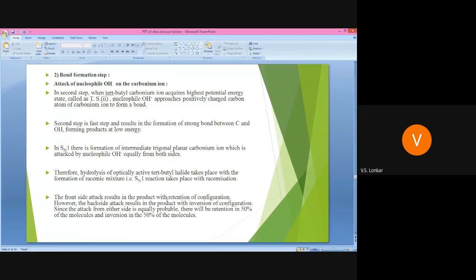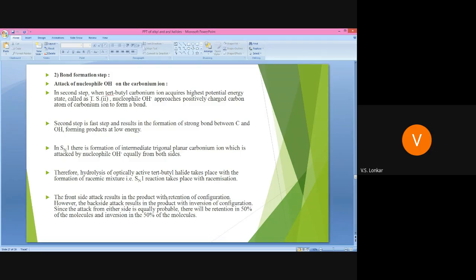Because whenever the bromine leaves the molecule, that bond does not completely detach. If the nucleophile OH minus attacks from the front side, there is some steric hindrance between the OH minus and the Br minus. To avoid that repulsion, the nucleophile mostly attacks from the back side, so generally inversion of configuration takes place.